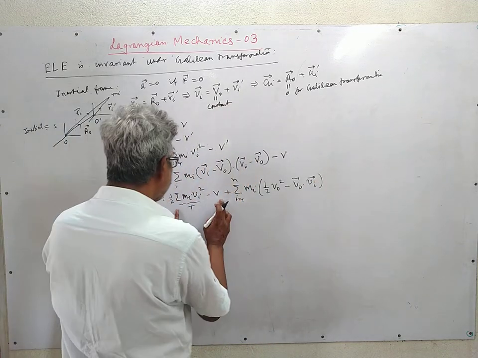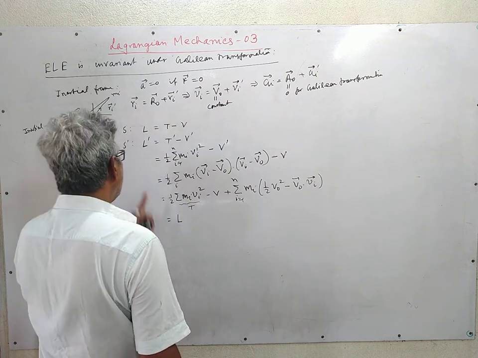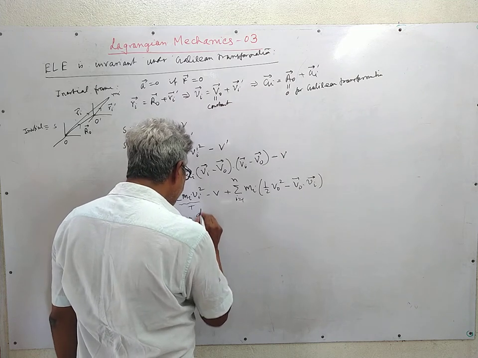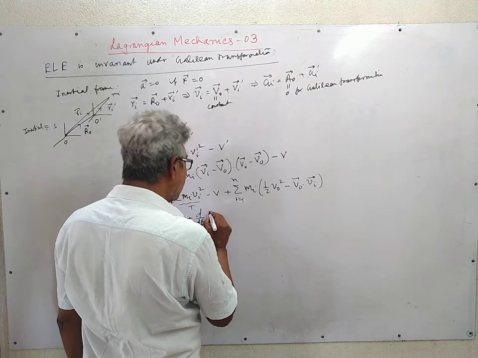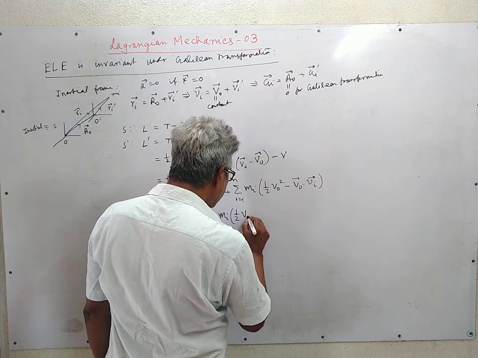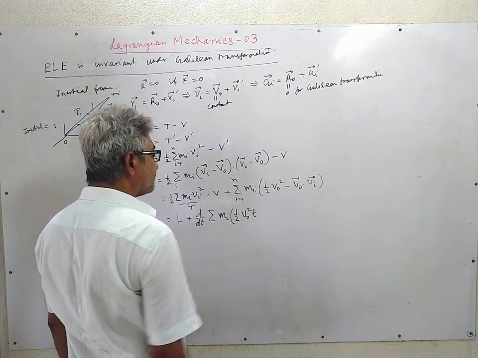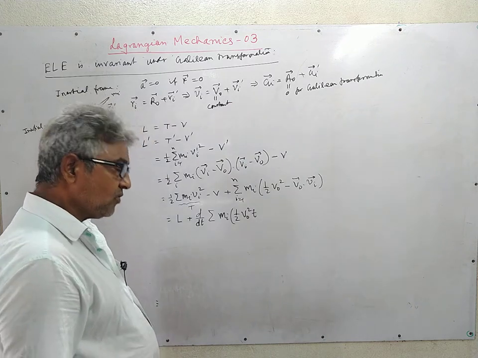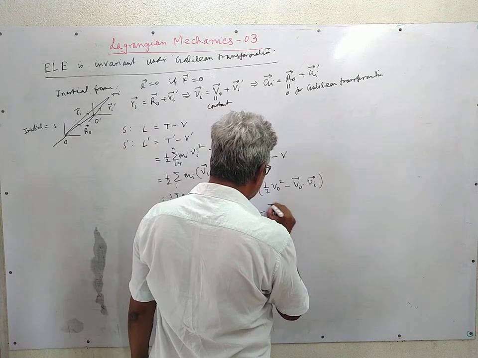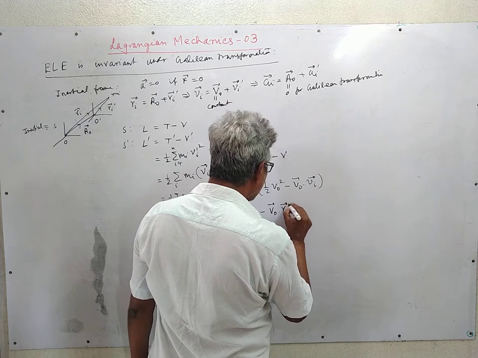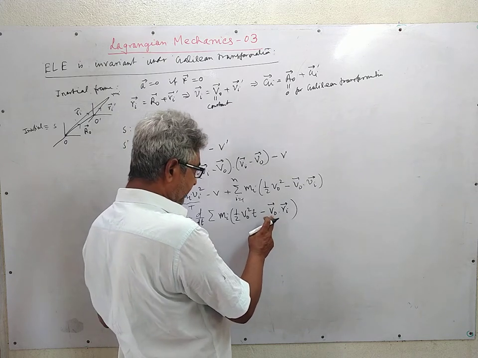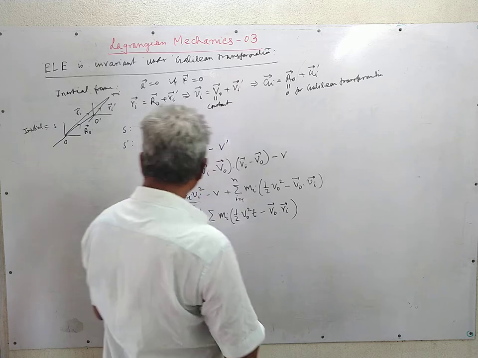We can rewrite this part as L, the Lagrangian in S, plus d/dt of some quantity, the sum of mi, half v0 square t minus v0 dot ri. You note that for Galilean transformation, the vector v0 is constant, so its magnitude is also a constant. When d/dt operates on this, since v0 is a constant vector, it doesn't operate on it. It operates on ri, and this gives you the velocity.